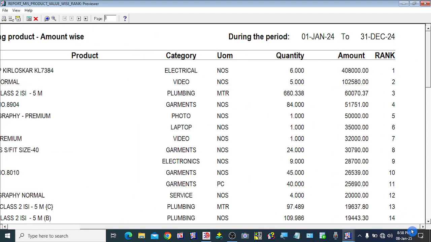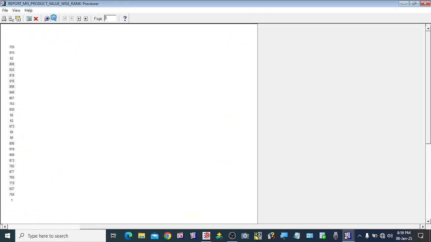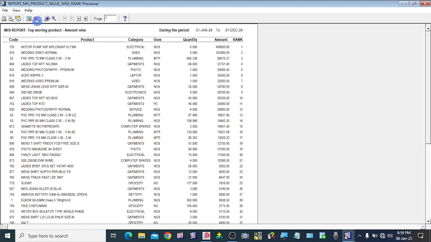The second item, third item, we can see here the ranking. So based on this report also, we can very easily make an analysis of fast moving product quantitative information as well as fast moving product or top selling product based on amount wise. These two reports are very useful for the management to make various decisions on your inventory.